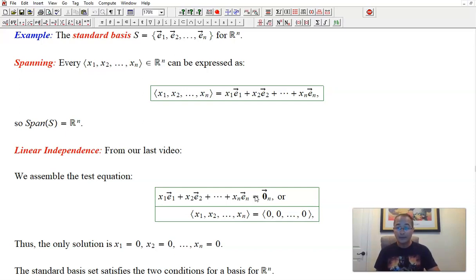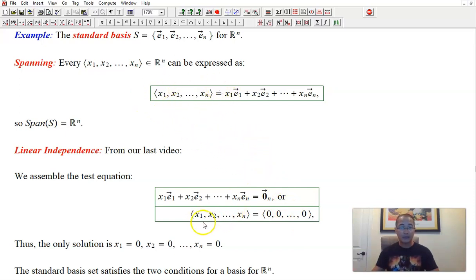We talked about linear independence from our last video, and in fact, the standard basis vectors was our first example. So let's recap what we did in that section. First, you set up the dependence test equation. You have x1e1 plus x2e2 through xn en has to add up to the 0 vector. But we just said that the left side is the vector (x1 through xn).